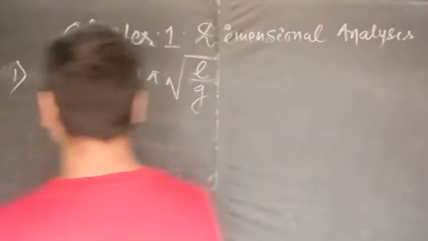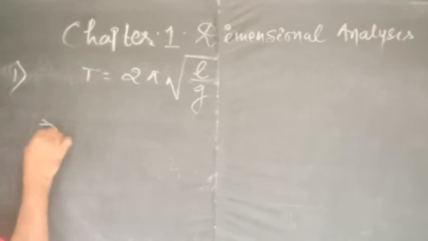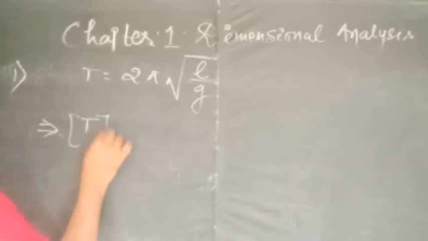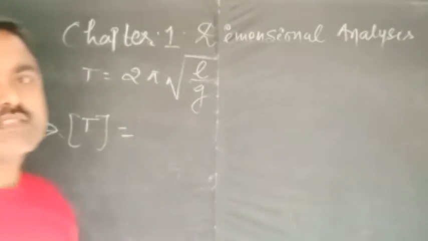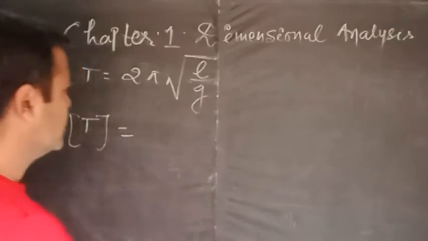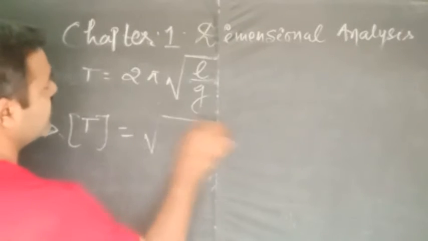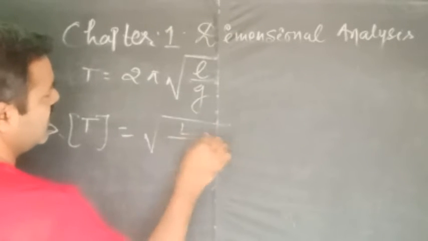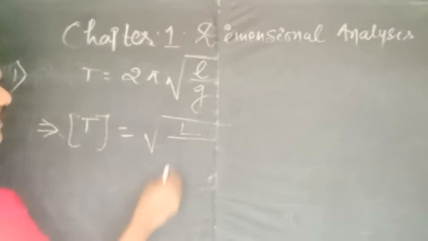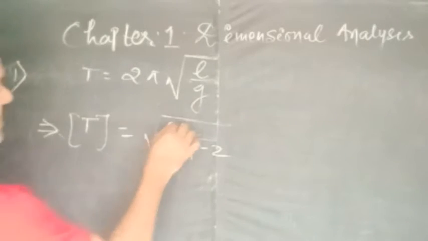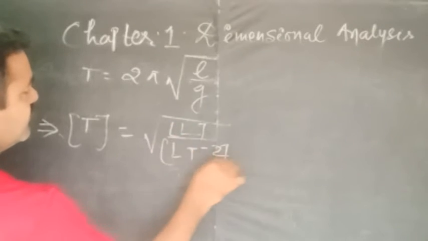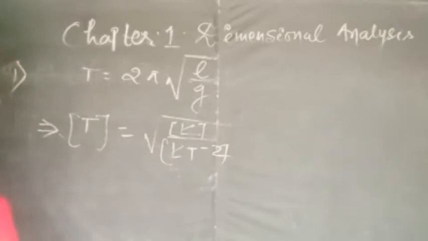So let us put the dimensional formula of T as capital T, and leave the constant term 2π. The dimensional formula of L is capital L, and the dimensional formula of g is LT^-2. Now you can see here L and L cancel out.